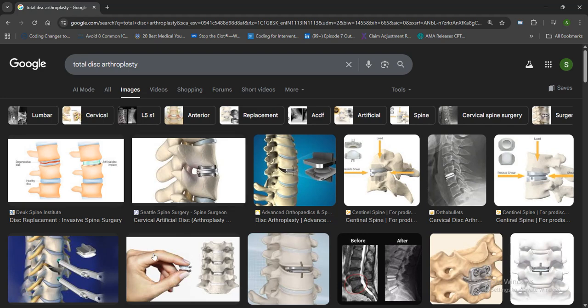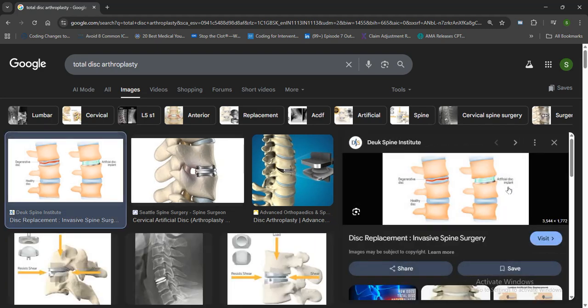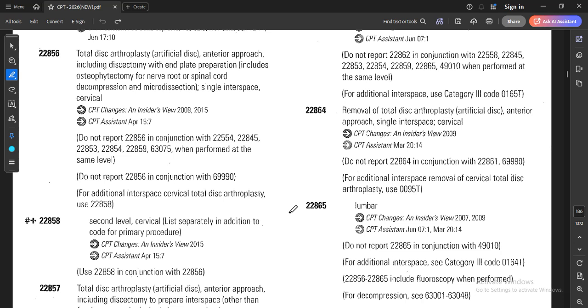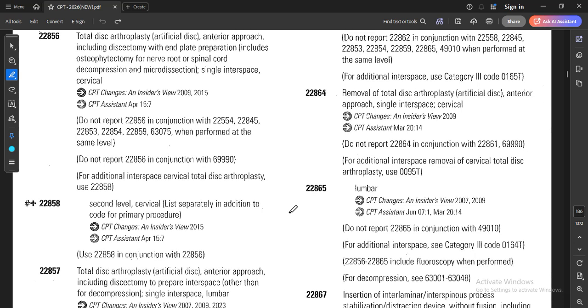See this one. See, artificial disc placement. So this is the damaged vertebra or interspace. So the physician will remove this one and he will place this one. Okay. So that is the arthroplasty. For cervical single interspace, 22856. For second level, 22858.